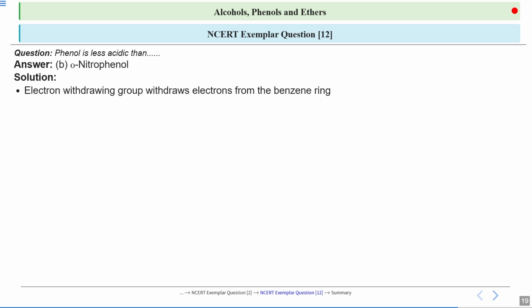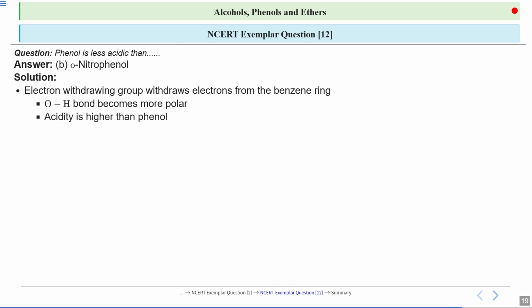Electron withdrawing groups withdraw electrons from the benzene ring, because we are talking about phenol. If any electron withdrawing group is present on the phenol, it is going to withdraw the electron density towards itself from the benzene ring, and the OH bond of the phenol will become more polar, right?